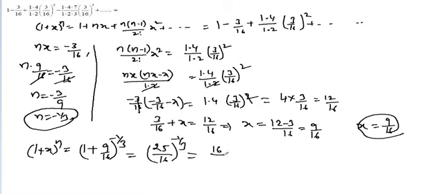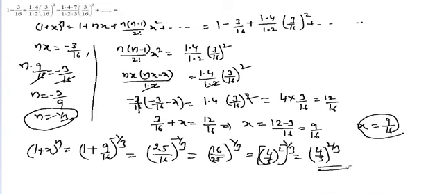This is written as 16 by 25 whole to the power of 1 by 3, that is 4 by 5 whole square whole to the power of 1 by 3, that is equal to 4 by 5 whole to the power of 2 by 3. This is the answer.